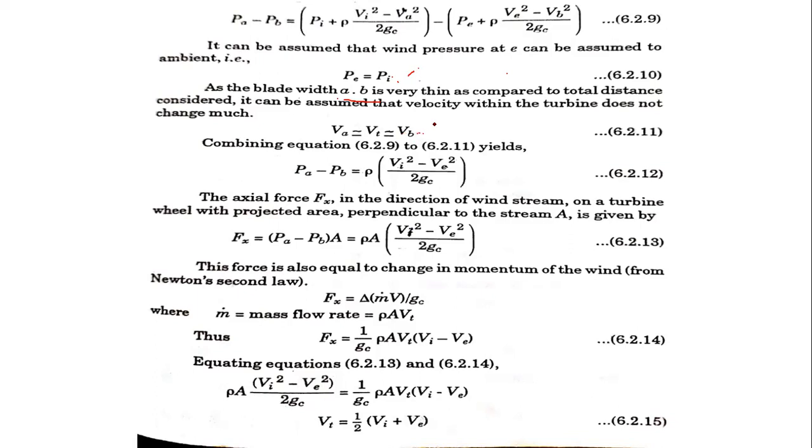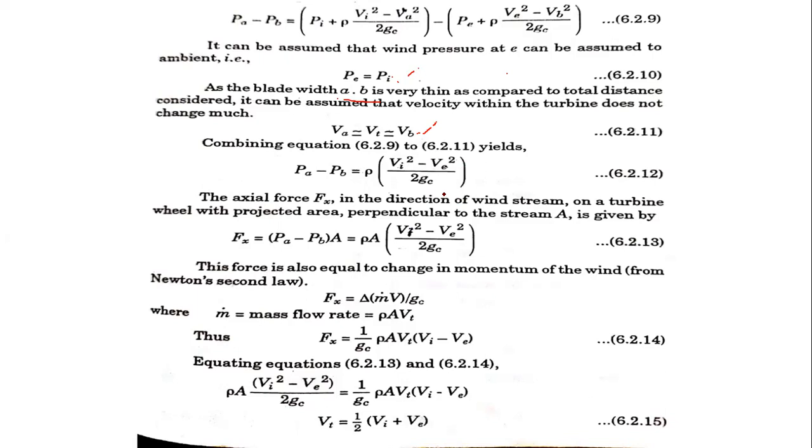We can simplify by writing VA is approximately equal to VT and VB is approximately equal to VT. Combining equations 6.2.9 and 6.2.11, PA minus PB is equal to rho into VI square minus VE square by 2GC.